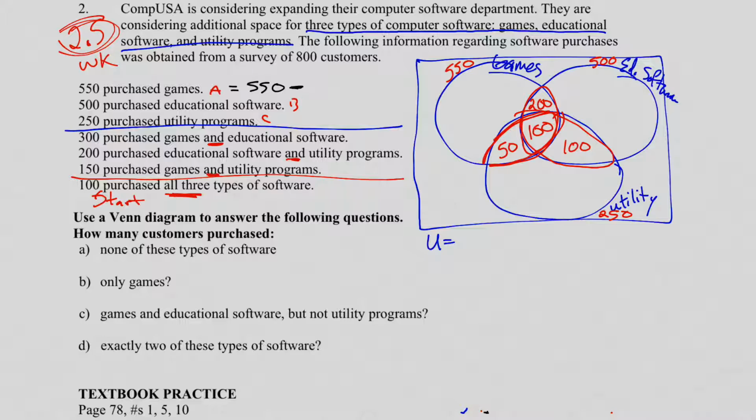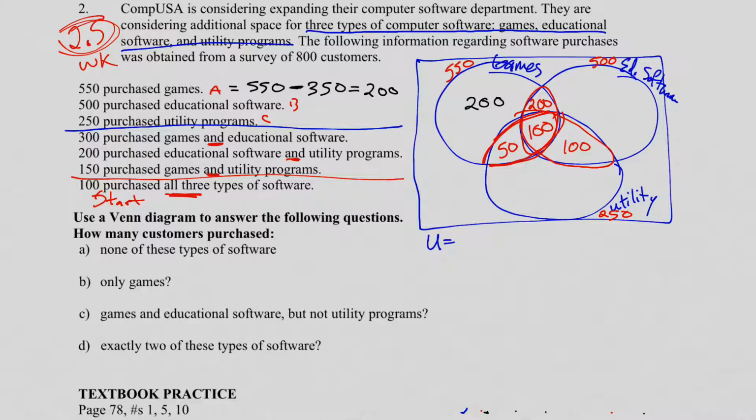If you look at the numbers in those petals and add them up, that's 350. So that's 350 already accounted for out of the 550, and that makes 200. So you're looking at everything in the circle for the games.